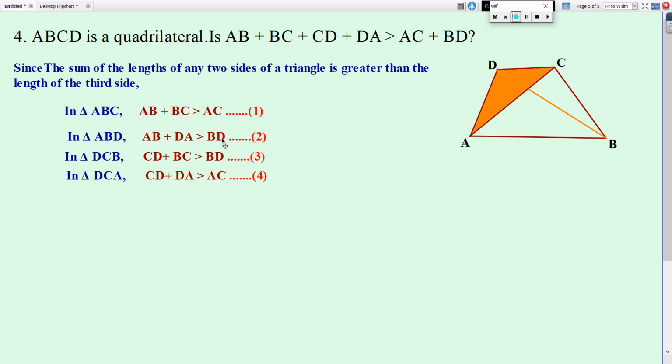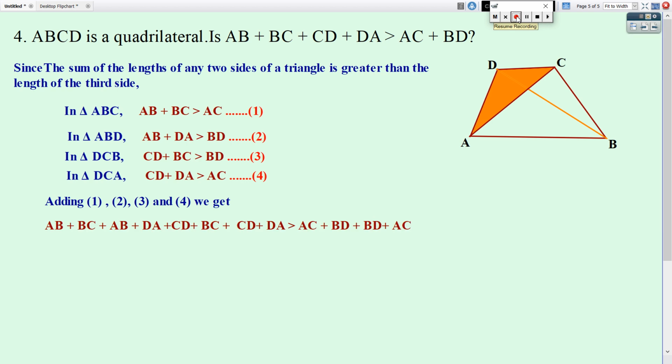Now as in the previous problem, add all the equations. First you add all LHS, then all RHS. So adding 1, 2, 3 and 4, adding all LHS you get AB plus BC plus AB plus DA plus CD plus BC plus CD plus DA greater than AC plus BD plus BD plus AC. Now as in the previous case, rearrange it.